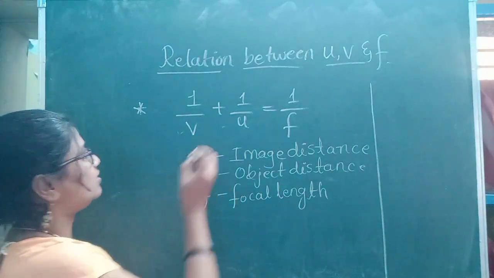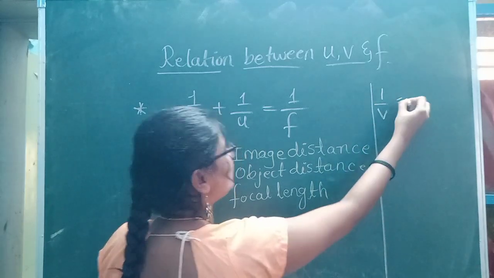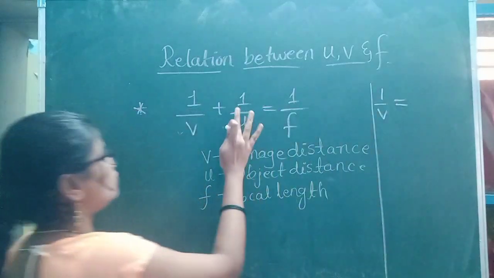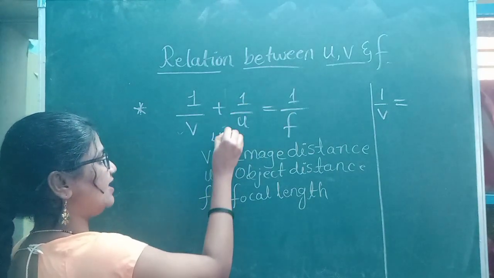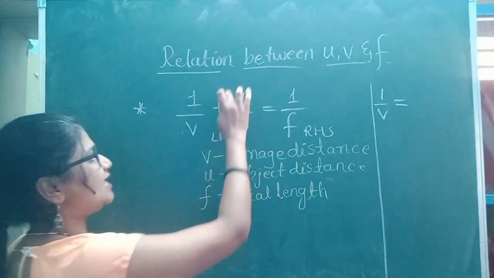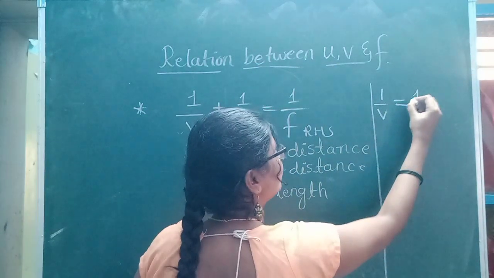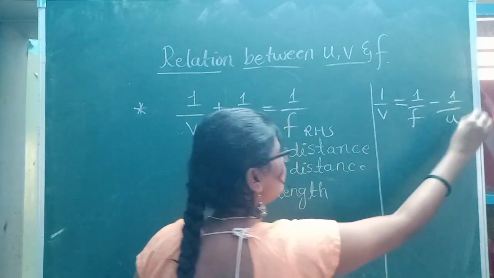If you want v, you can see 1 by v is equal to, when this shifts here, this is the left hand side and this is the right hand side. When a plus sign shifts here, obviously it will become subtraction: 1 by f minus 1 by u.